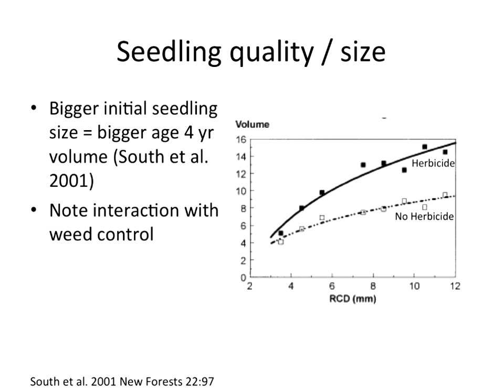So what you can see is the relationship between, in this case, root collar diameter of seedlings that were planted, and 4 years later, bigger seedlings had bigger volume at age 4. Okay, so bigger seedlings, higher quality seedlings tend to be bigger further down the line.